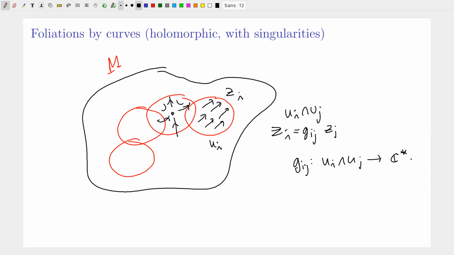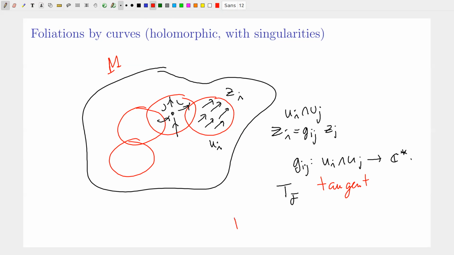And so these g_ij form a cocycle, and they define a line bundle on my manifold that is naturally associated to the foliation, which is the tangent line bundle to the foliation.